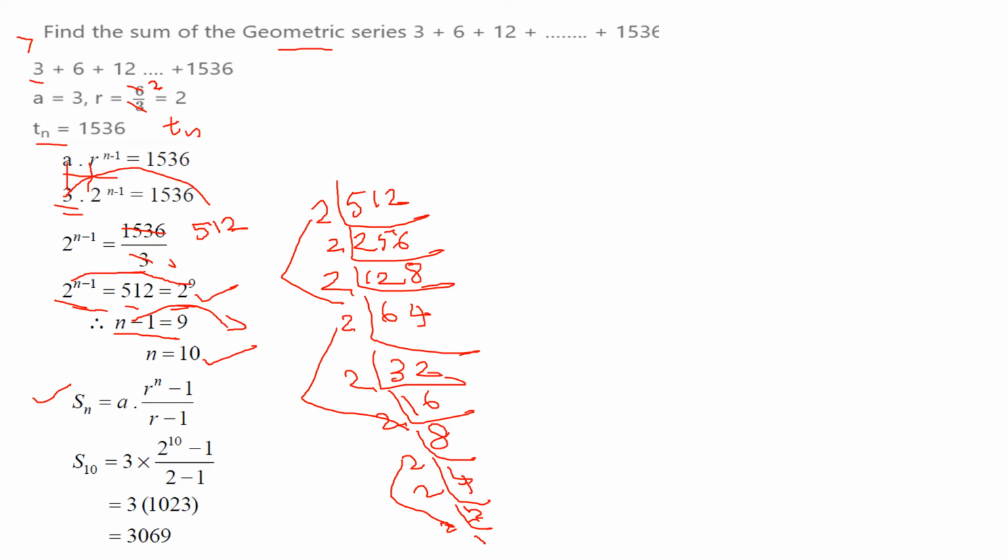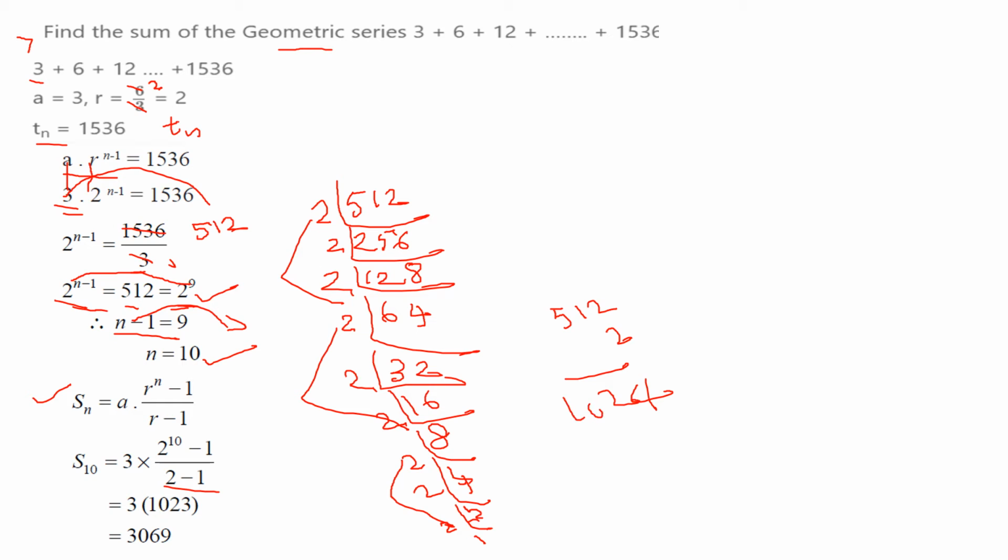So here 2 minus 1 is 1. 3 into 2 to the power 10. Now we will find it. 2 to the power 9 is 512. Therefore 512 into 2, 2 to the power 9, so you can multiply 1 2 to the power 10. 2 5s are 10.